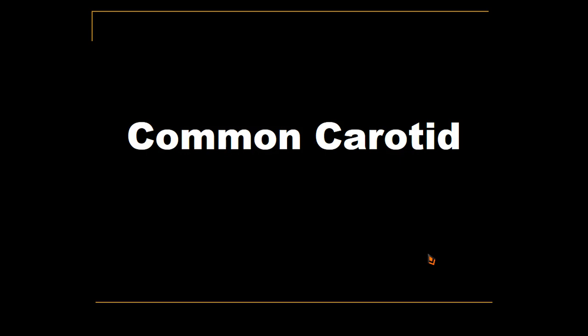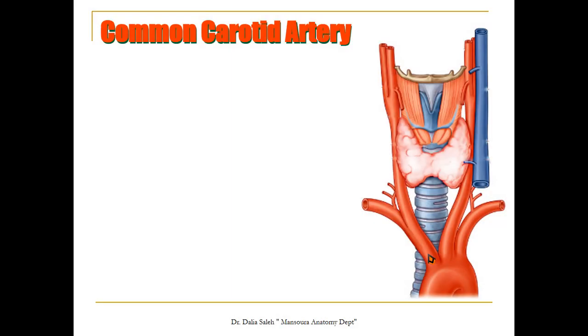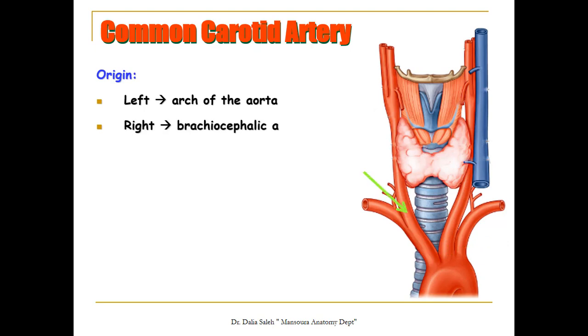I'm gonna start now with the common carotid artery. The left common carotid arises directly from the arch of the aorta here, the middle one here, while on the right side it arises in common stem with the right subclavian artery in this branch that is called the brachiocephalic trunk or brachiocephalic artery.